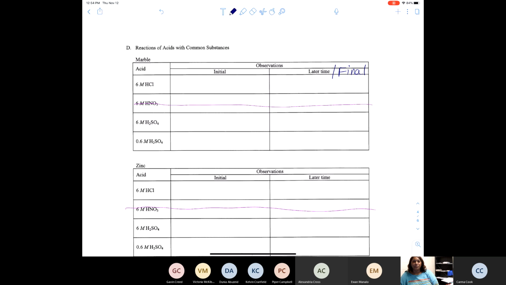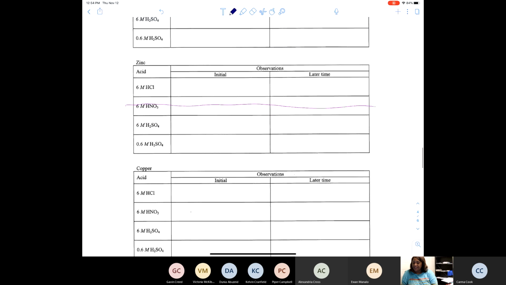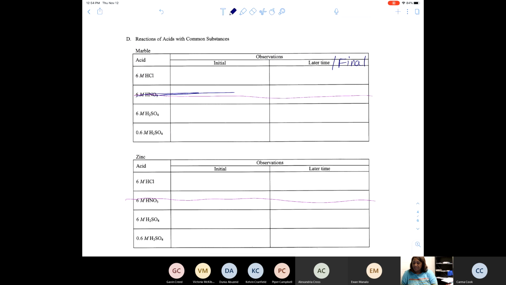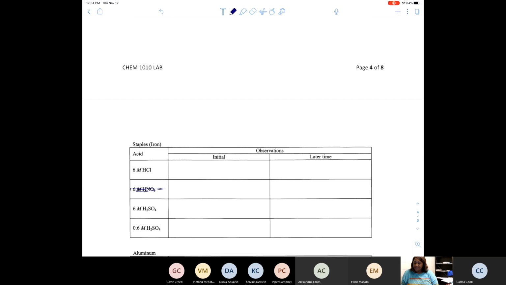Any questions about your observations? And again, you don't have to write anything for the nitric acid because we didn't do that one. So you can just draw a line through the nitric acid, denoting we didn't do it, or you can put a not applicable because we didn't do it.